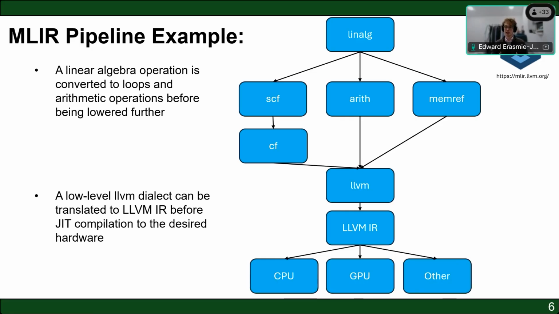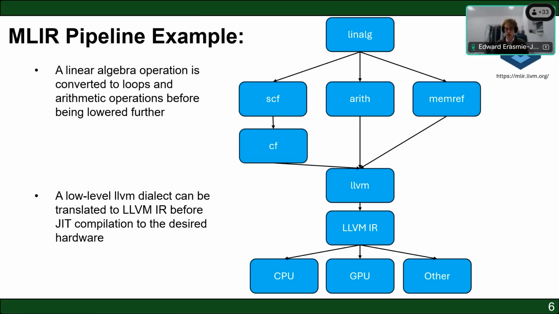So the matmul goes from a basic operation to a set of loops that perform the reduction that you're after. These dialects are then further lowered to the LLVM dialect, which is a low-level MLIR dialect, a direct representation of LLVM IR itself. And once the LLVM dialect is translated to LLVM IR, you can use LLVM to just-in-time compile your kernel to the desired hardware target.